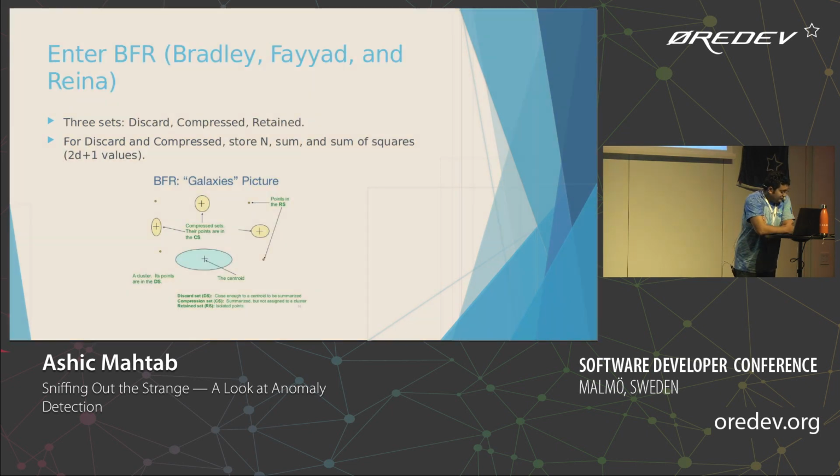So that kind of takes us to BFR, or the Bradley, Fayyad, and Reina algorithm, which is an implementation approach towards k-means that can work for larger data sets. You don't need to hold all the data points in memory. You just need to hold some summaries.